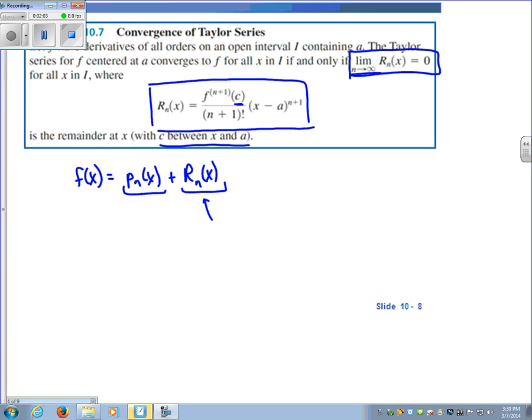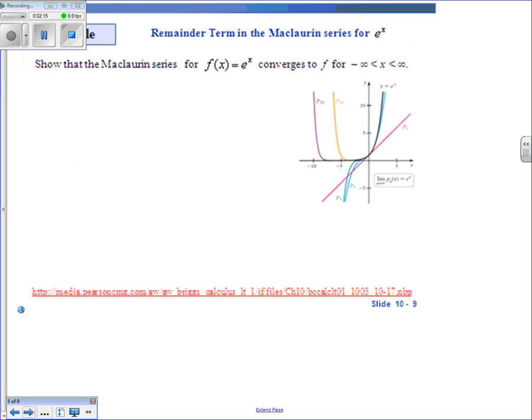So let's look at some series that we just came up with and determine if they actually do converge to that function. We need to show that this remainder has a limit of 0. We've already talked about the Maclaurin series for f of x equal to e to the x.